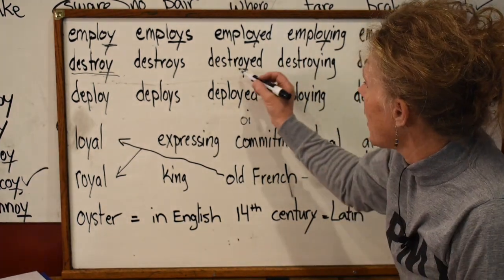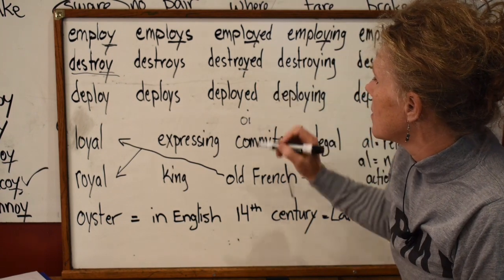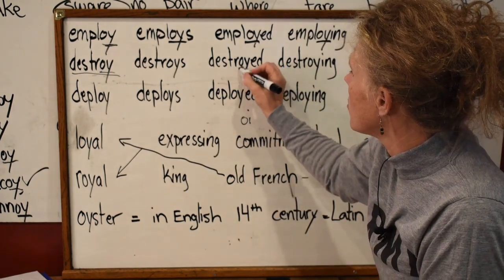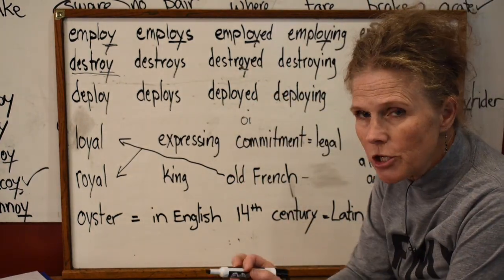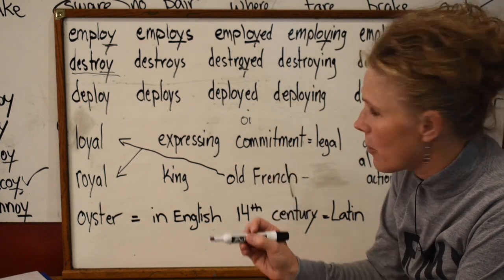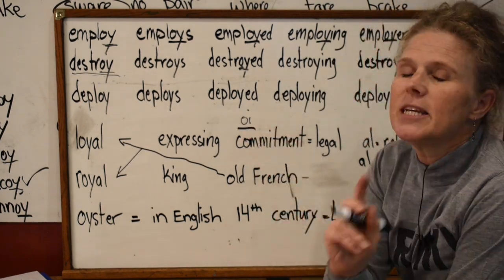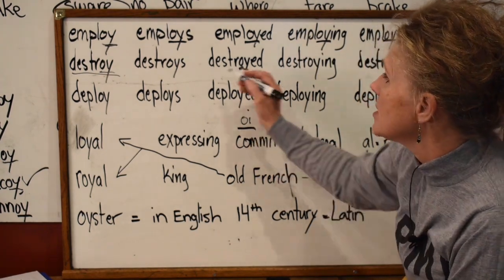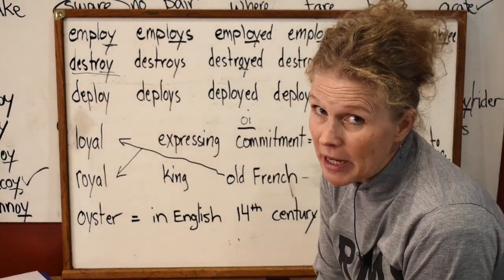We don't change the Y to an I when it ends in OY. When this is a vowel, you don't change it. So we don't change our vowel. We do not change our vowel teams. So this is truly in the middle of a word to make this sound. This one is at the end of a base word.